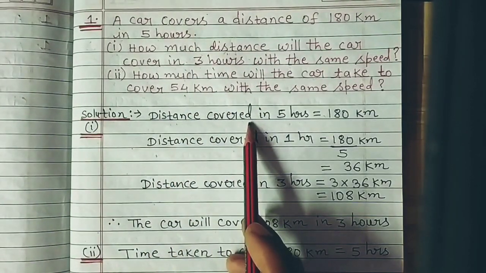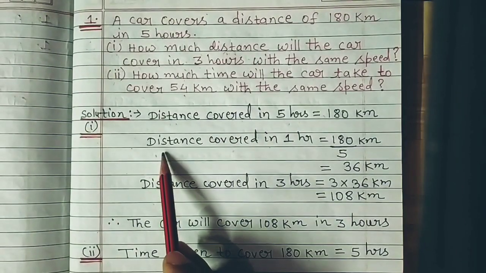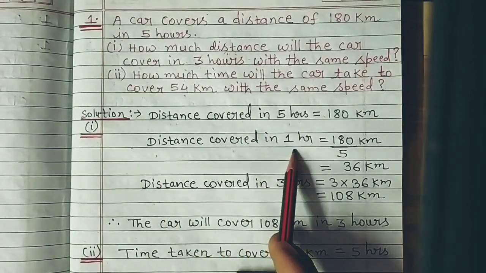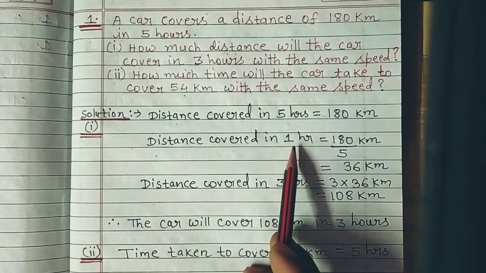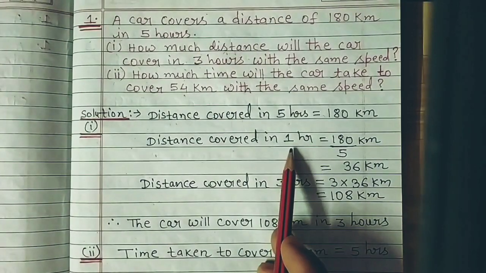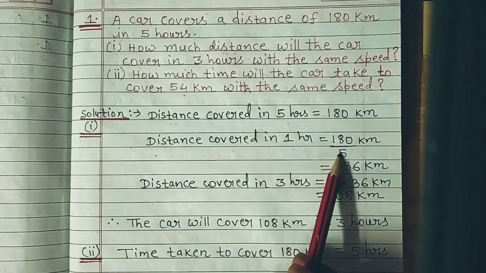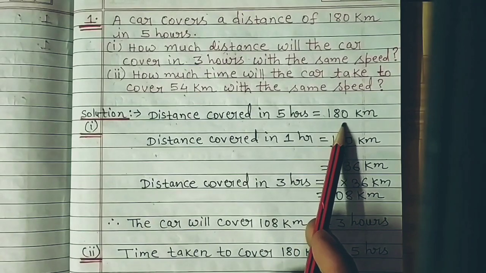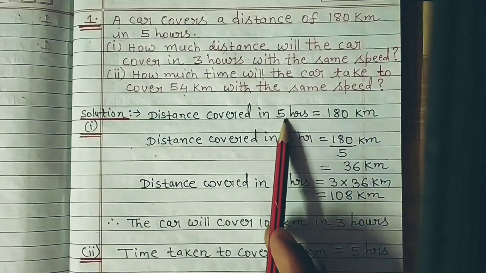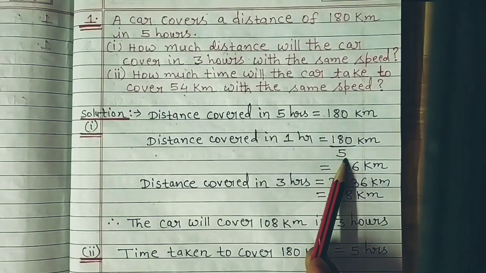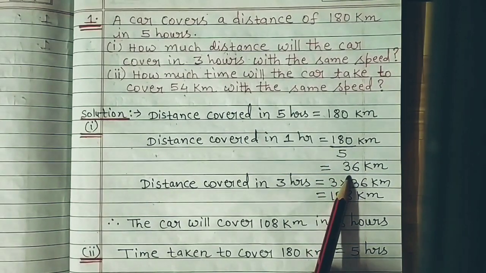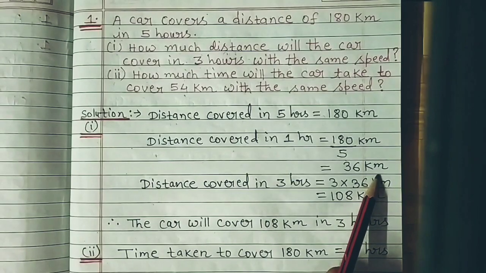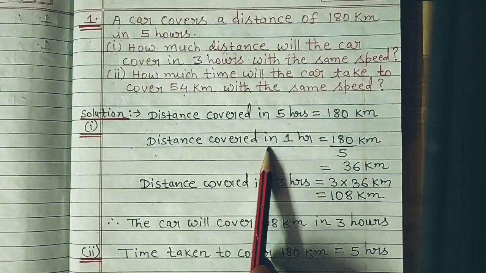Now we are going to find the distance covered in 1 hour. And as you already know, for one quantity we are going to divide. So I have divided 180 km by 5.